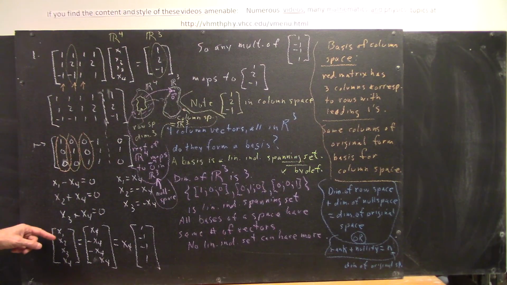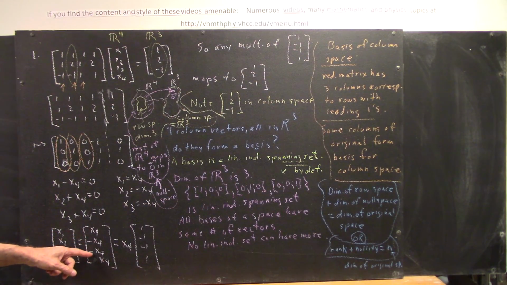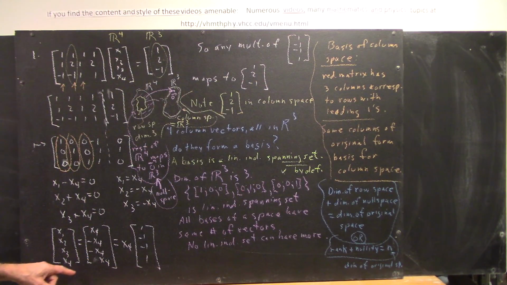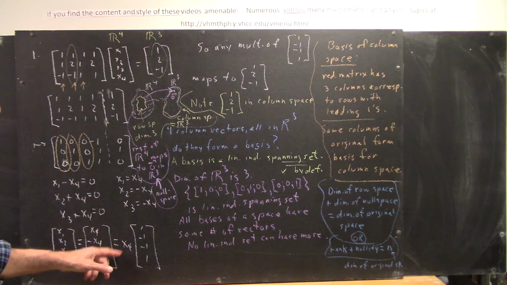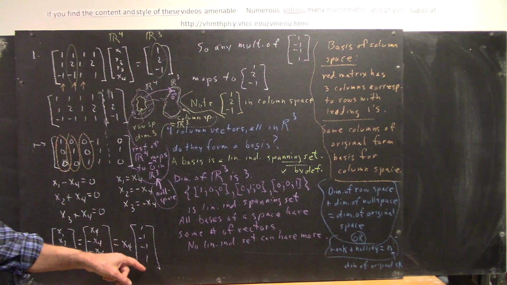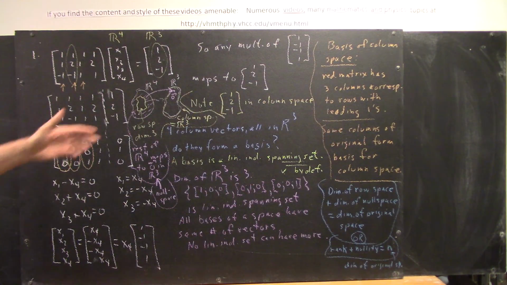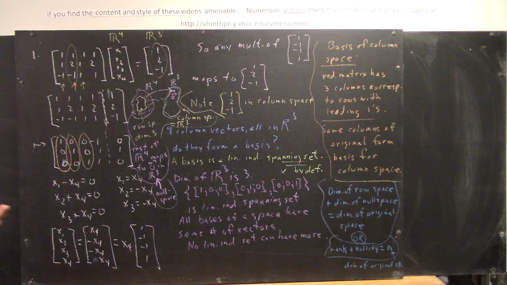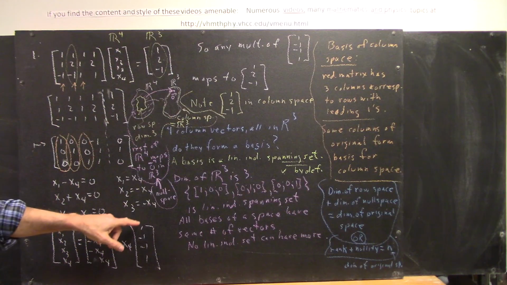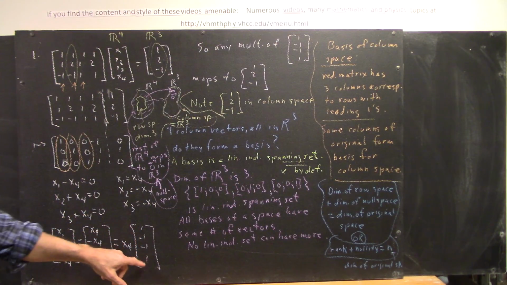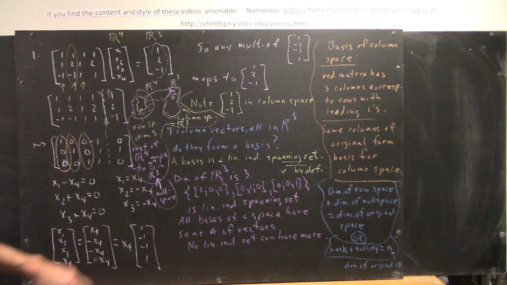So we see that x1, x2, x3 are equal to x4, negative x4, negative x4, and of course x4 is equal to itself. And that would be x4 times the vector 1, negative 1, negative 1, 1, if we just factor x4 out. And since x4 could be any number, this tells us that the set of solutions consists of all vectors where we multiply this vector 1, negative 1, negative 1, 1 by any old number.